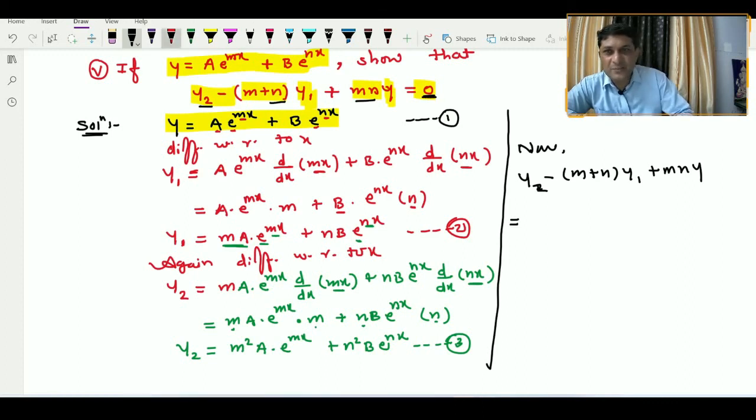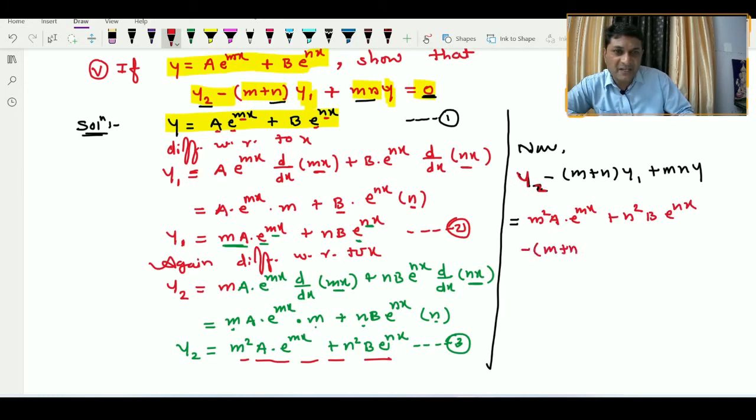First we substitute the value of y2 from equation number 3. Its value is m square a e^(mx) plus n square b e^(nx). Now minus (m plus n), keep it as it is, replace y1 by its value.